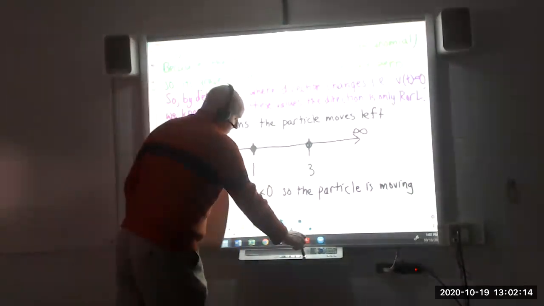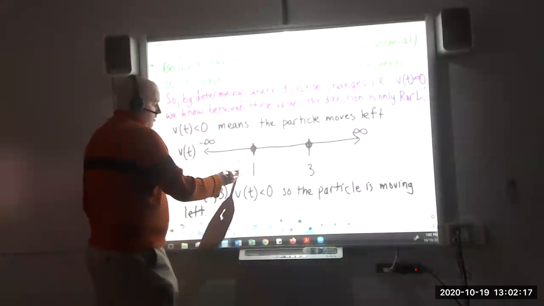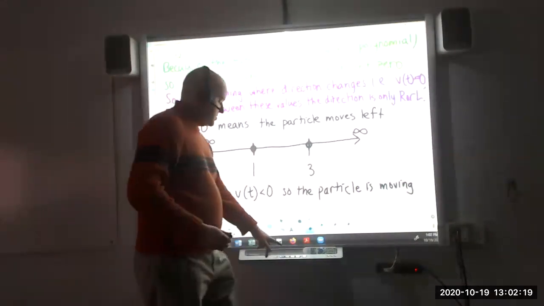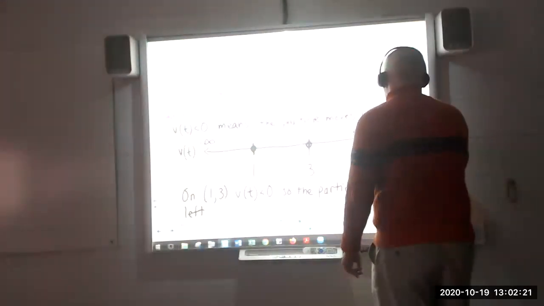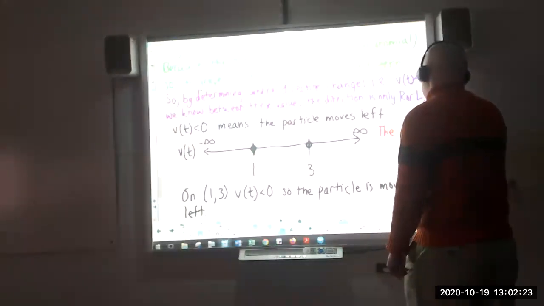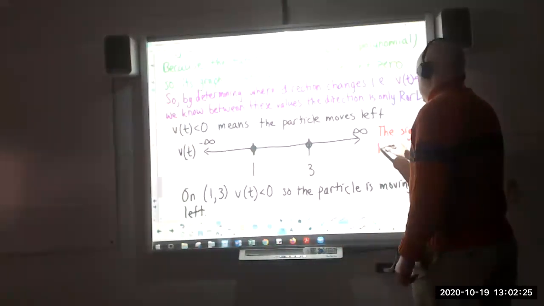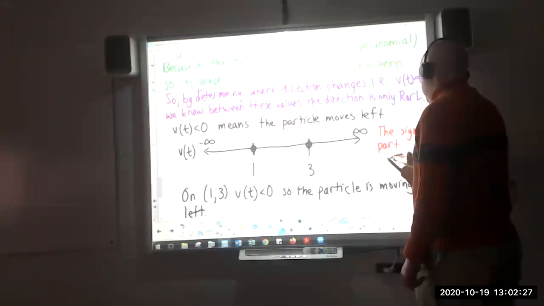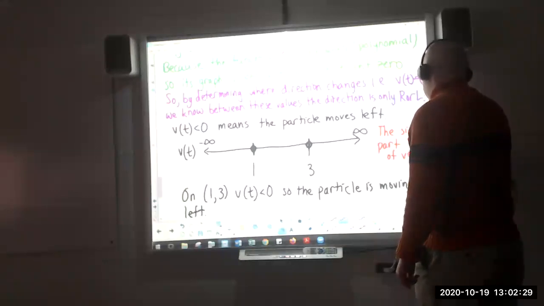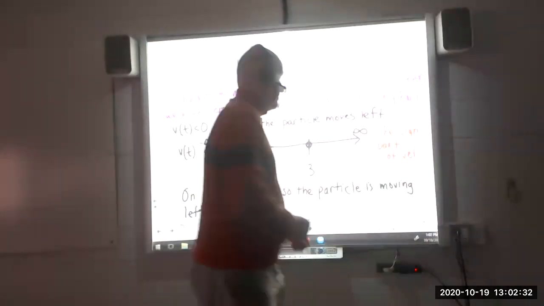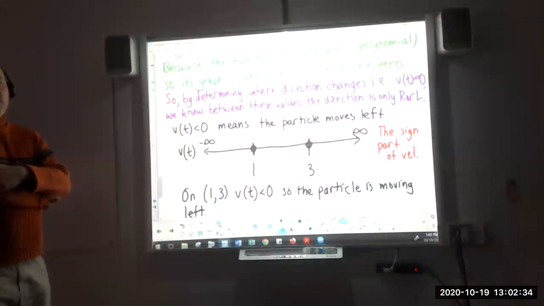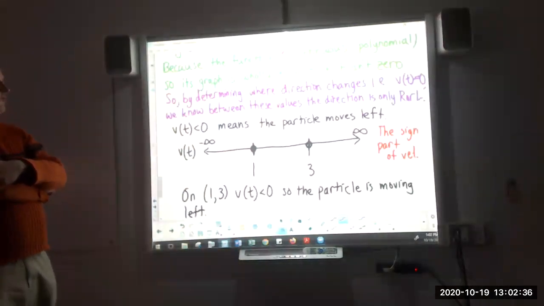I made a number line. And all I'm interested in here is the sign part of the velocity. That's all I care about. I don't care about what the number is for the velocity. All I care about is less than 0.